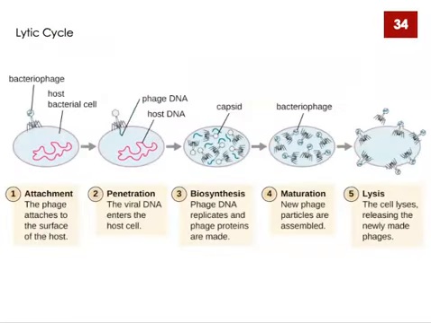So let's take a look at some artist depictions of lytic versus lysogenic, because those are the two growth stages, or the life cycles, I want you to be familiar with. Remember, if you use bacteriophages as your model, bacteriophages can be either lytic or lysogenic.